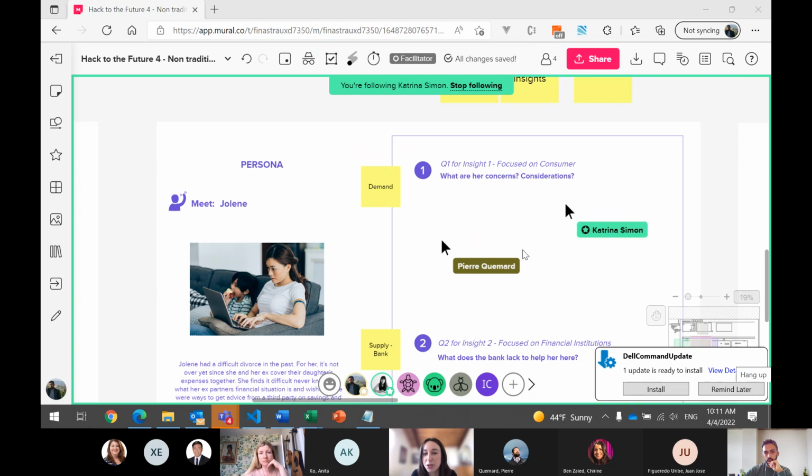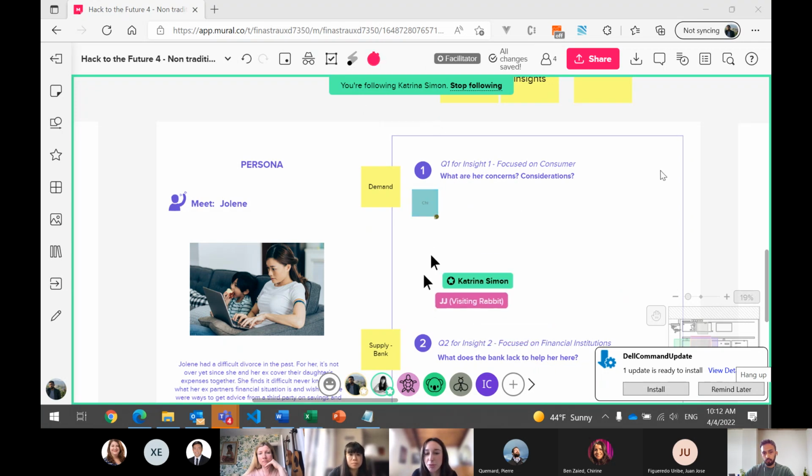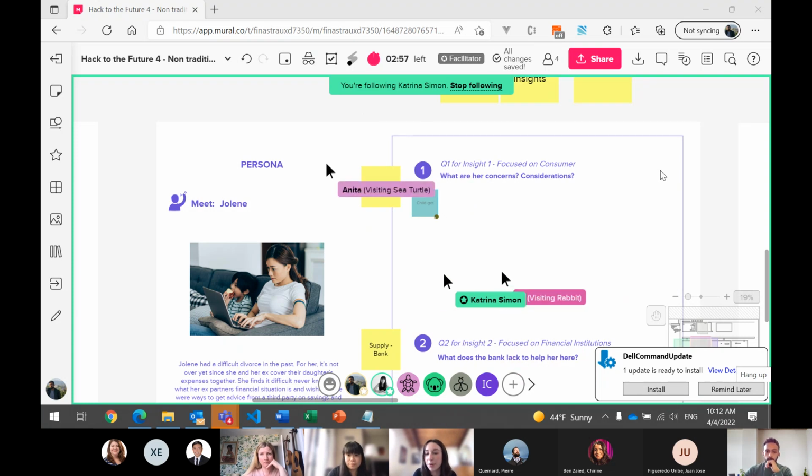Within this first section of Insight 1, if you were Jolene, what would your concerns or considerations be in this situation if you were co-parenting with your ex-partner? I'm going to set the timer for 3 minutes so we can start to throw down some sticky notes and think about what those concerns would be.